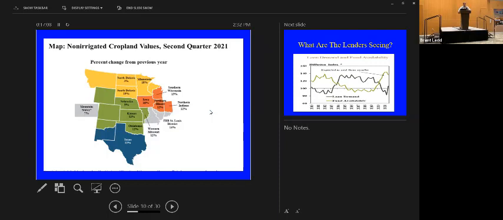This time, at least based on this survey from the Kansas City Federal Reserve, it looks like Oklahoma land value increases early in 2021 have been about on par with land value increases elsewhere. Iowa is showing an 18% increase. We're showing a 12, but Iowa's kind of the outlier. Nebraska's at 9, Kansas is at 12, Texas is at 12, if you can't read the chart there.